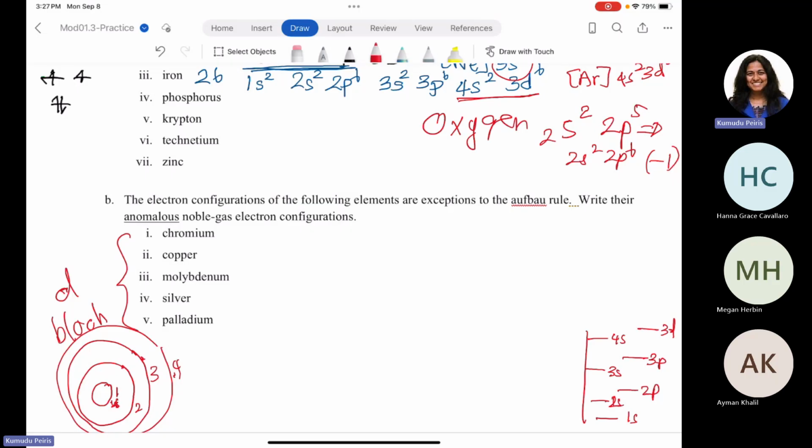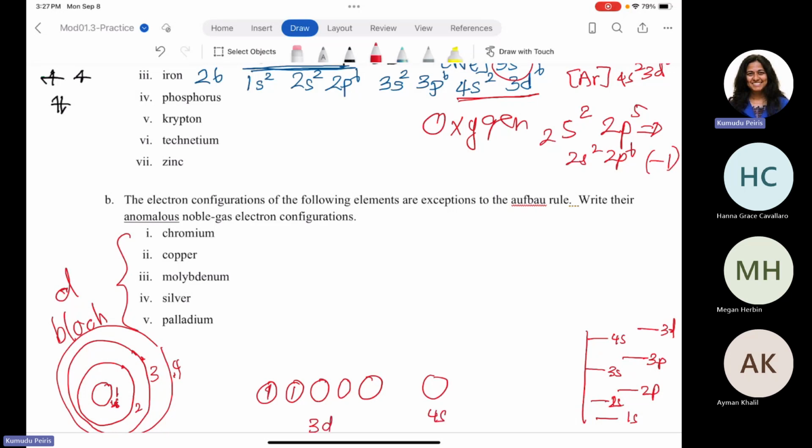And then next, when we talk about the 3d, they have semi-filled stability rules, right? There are five d orbitals. Here is the 4s and this is 3d.